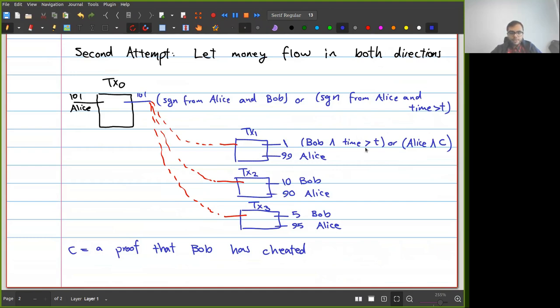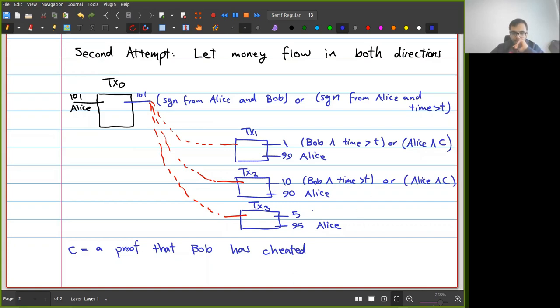And I will use the same conditions in all of my transactions. So all of these will change to signature from Bob and time is after T, or signature from Alice and a proof C.